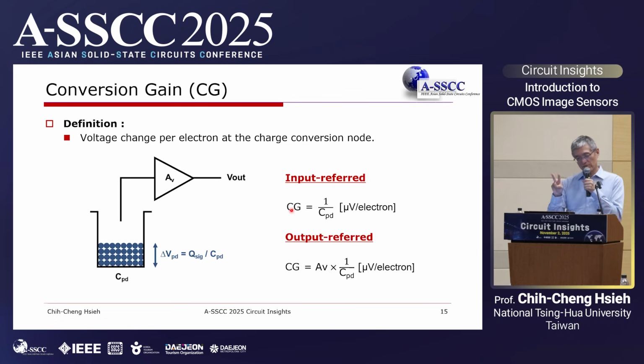So if the charge accumulation and the charge to voltage conversion happen at the same node, you cannot avoid this trade-off. Okay, so we will introduce how pixel improvements deal with this trade-off later.